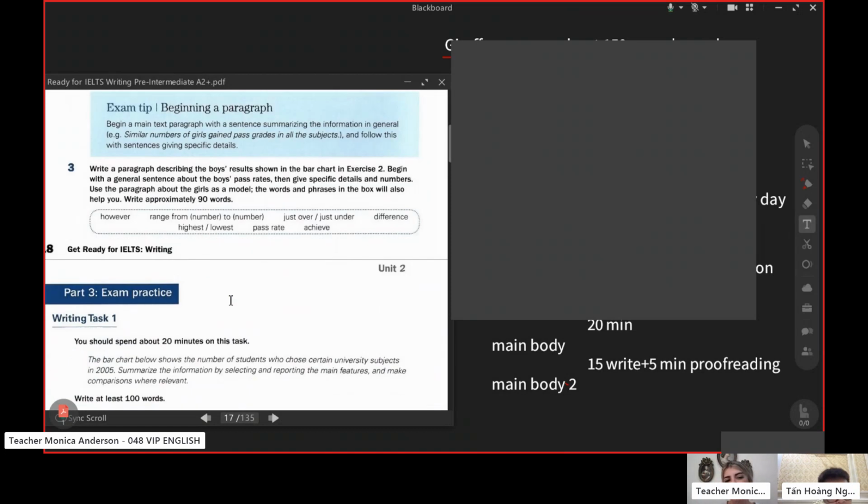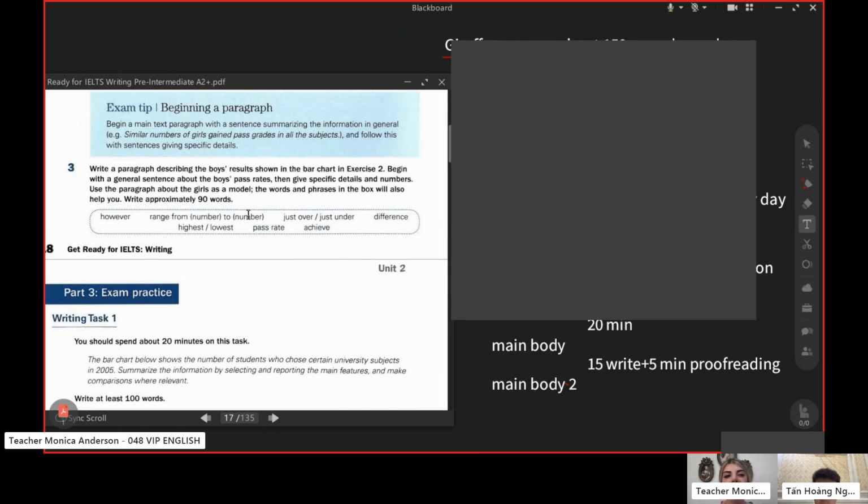Well, now write a paragraph describing the boys' results shown in the bar chart in exercise 2. Begin with a general sentence about the boys' pass rates. Then give specific details and numbers. Use the paragraph about the girls as a model. The words and phrases in the box will also help you.